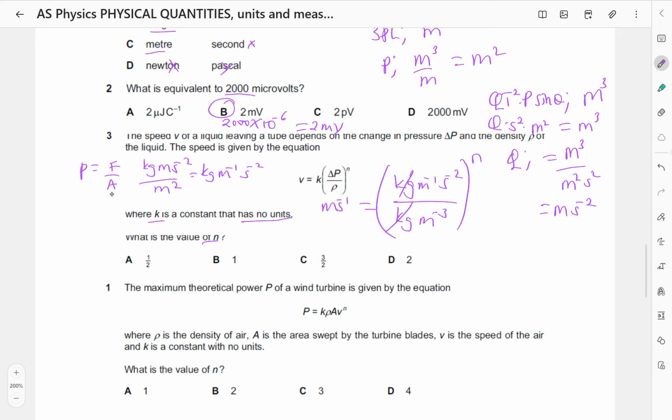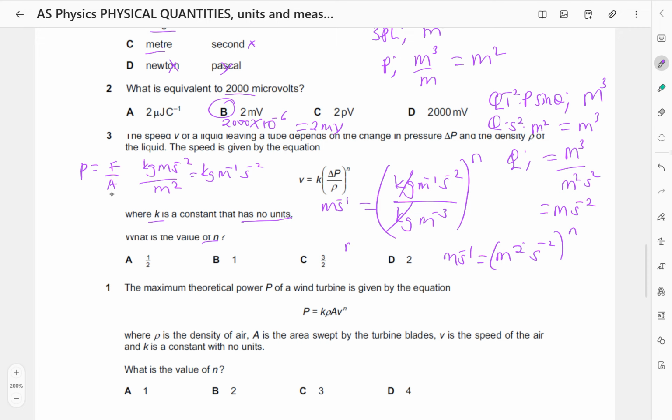So kilogram can cancel out. So you have m per second is equal to m power negative 1 divided by m power negative 3, then raised to power n. We subtract the powers, negative 1 minus negative 3 becomes m power 2, then s power negative 2, but this is raised to power n.